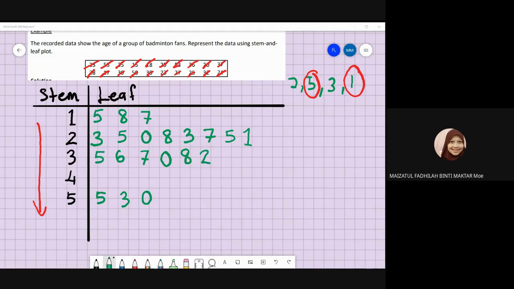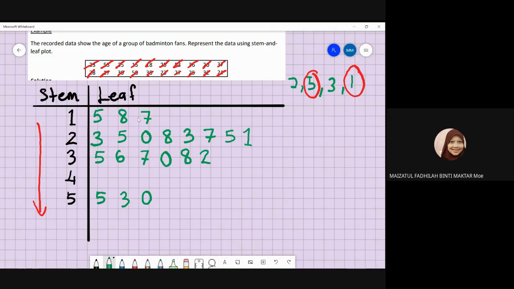Okay, after you get all the data and plot it, make sure you rearrange the leaves, row by row, from the lowest number to the greatest number. For example, 587.